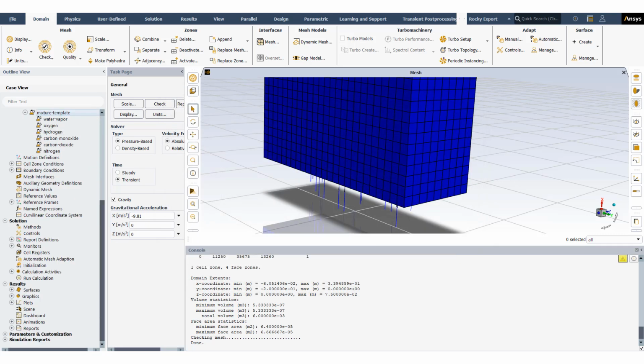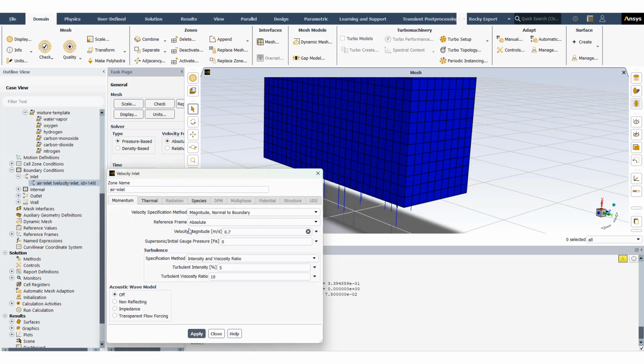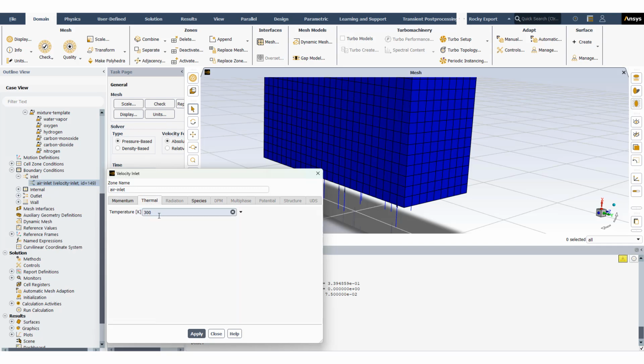Once we start running the simulation, air is going to be added through the inlet boundary condition, which is a velocity inlet, and we are using a velocity magnitude of 0.7 meters per second, and air is set at a temperature of 300 Kelvin. So we don't really need to heat the air that comes in.